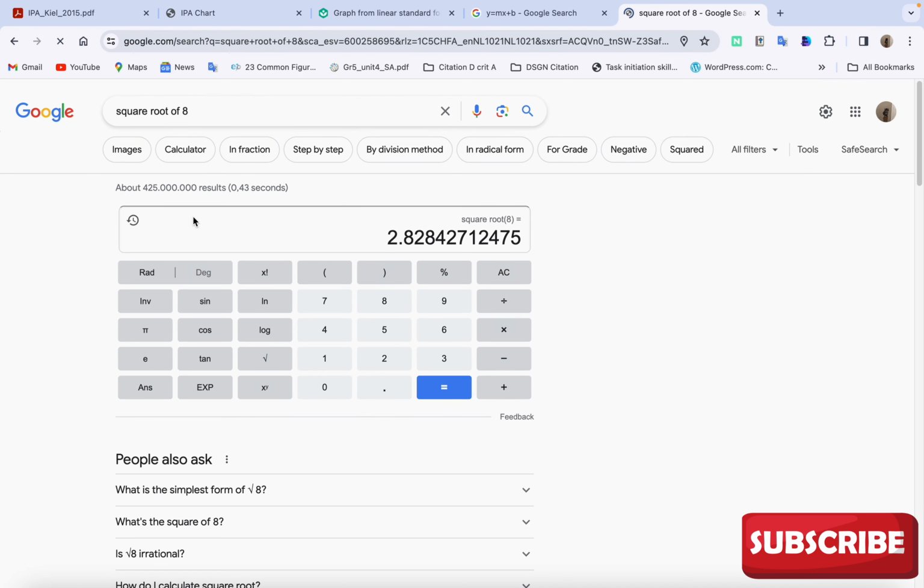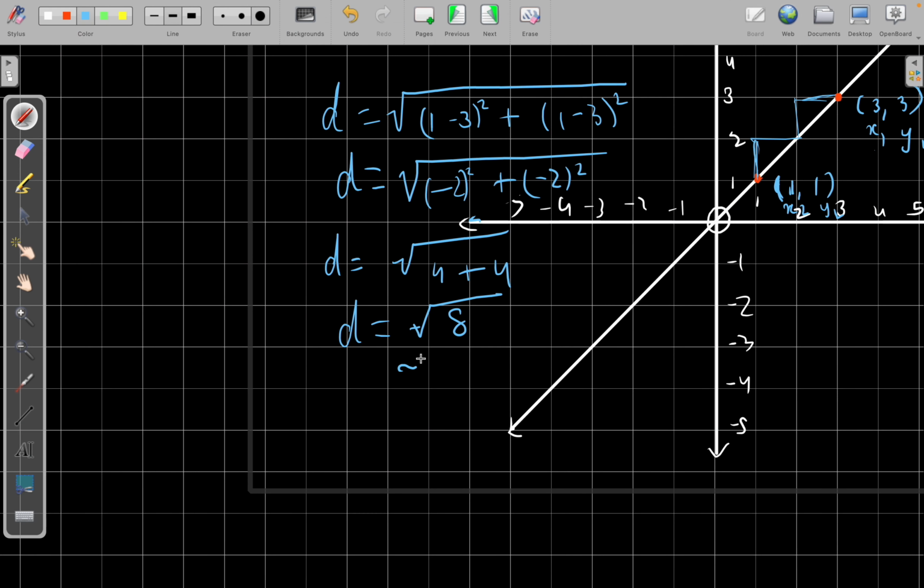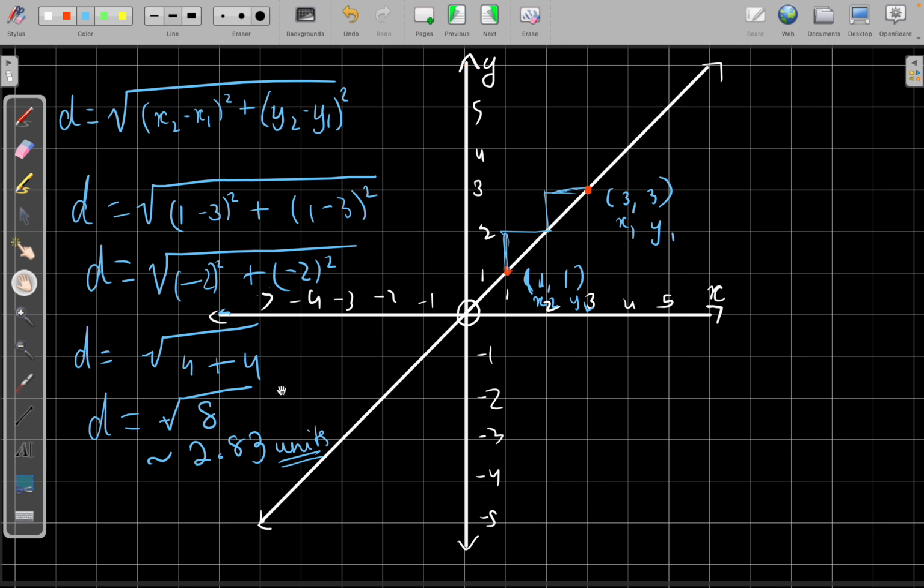It's about 2.83, rounded to 2 decimal places. Since we don't have any units, we always have to write units. We're not going to write centimeters, but this time at least we have to write units. So it's 2.83 units approximately, or you could just leave it at the square root of 8.